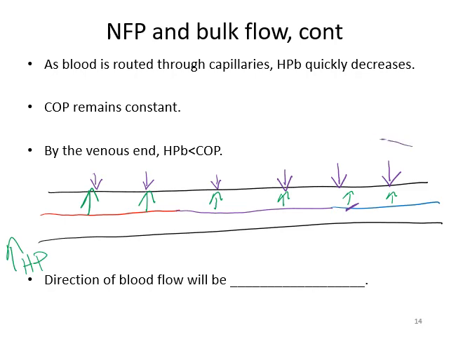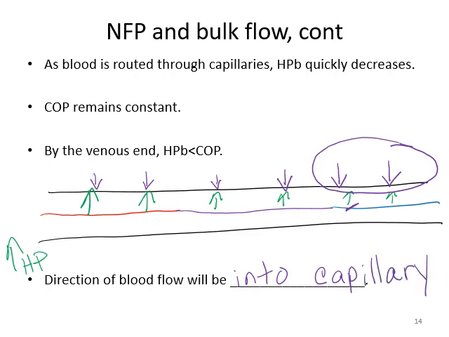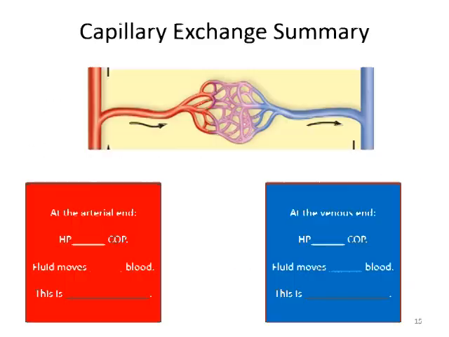So now our colloid osmotic pressure is pulling this fluid back into the blood. So the direction of that bulk flow will be into the capillary. And we will call that what? So let's take a break and answer that question.